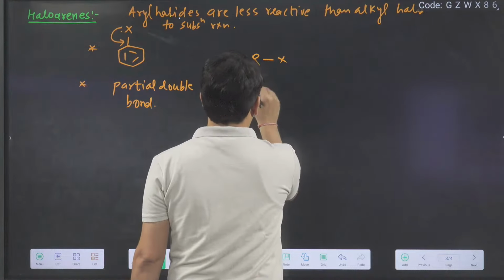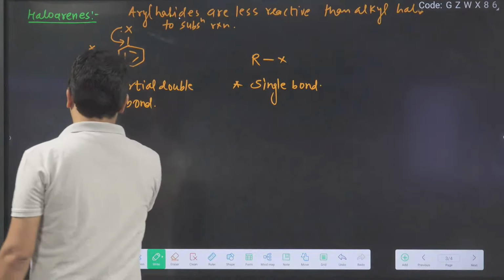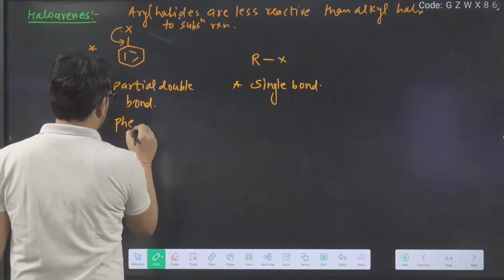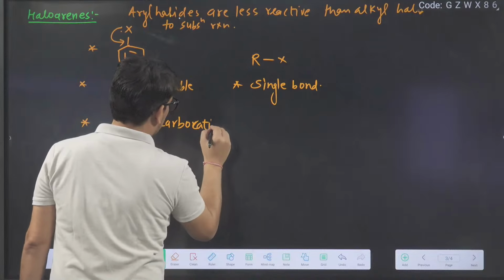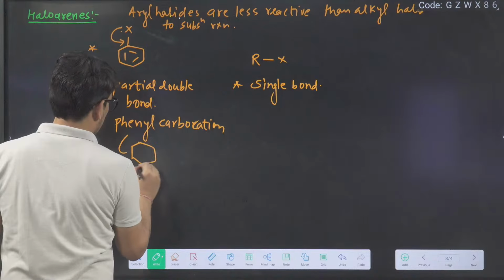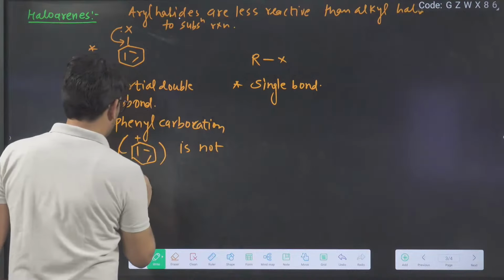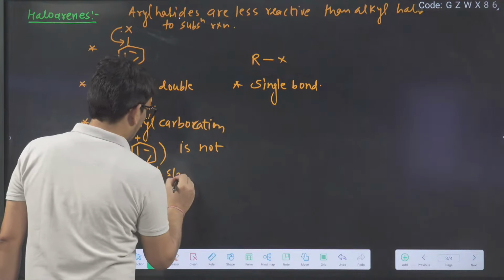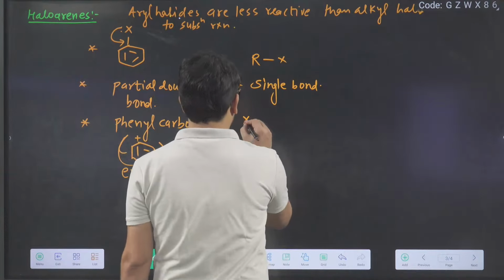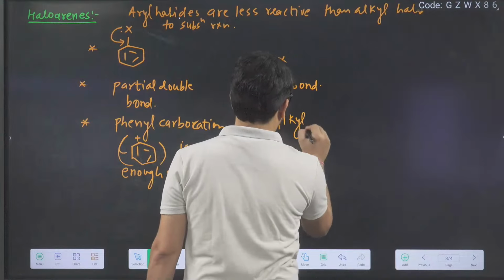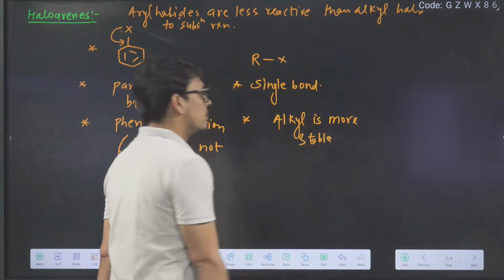This side, single bond. Next I can say phenyl carbocation is not enough stable. Alkyl is comparatively more stable.